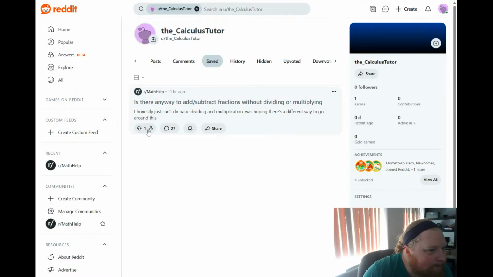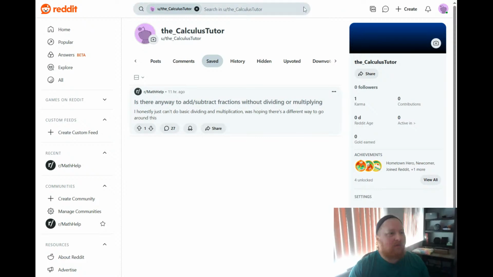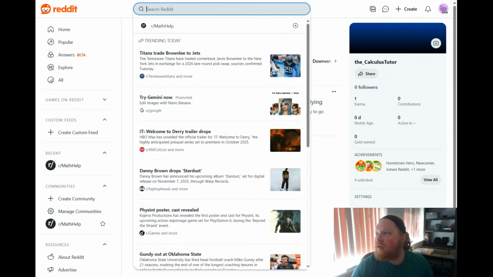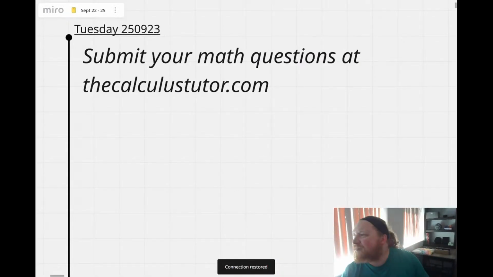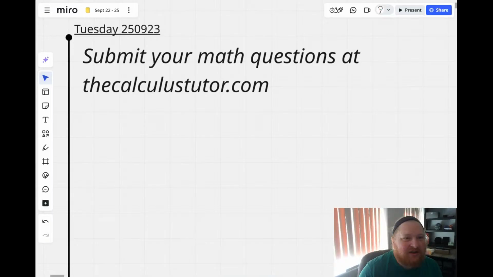It looks like I can't organize these things I saved, so I'll just do that for right now. Okay. That's r/mathhelp. Oh, oops. I don't know what's going to pop up. It doesn't seem like a good idea to necessarily share just the Reddit homepage.